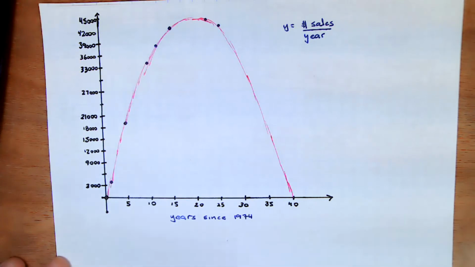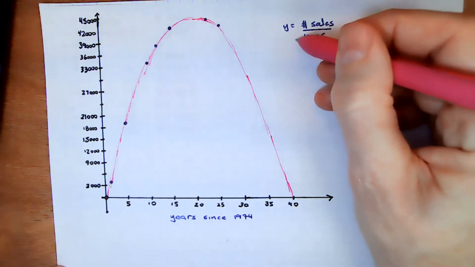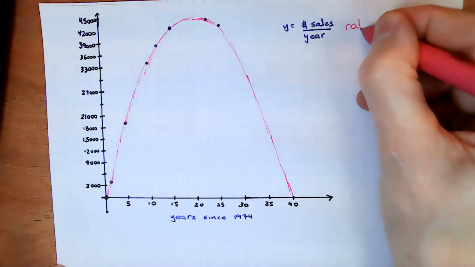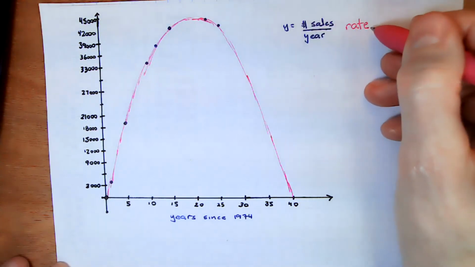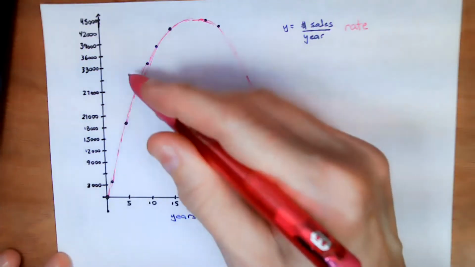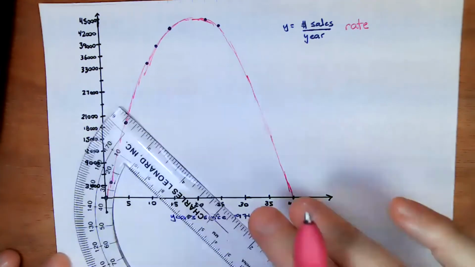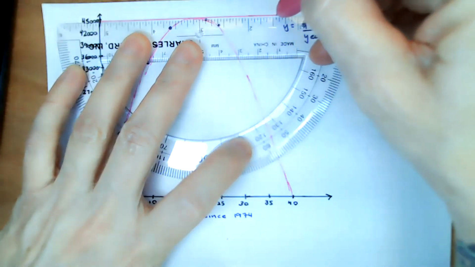All right, and as an added bonus, let's take a look at our function. This is a rate function. We can use the graph of a rate function to estimate the total sales. So let's draw a rectangle that encloses our function.